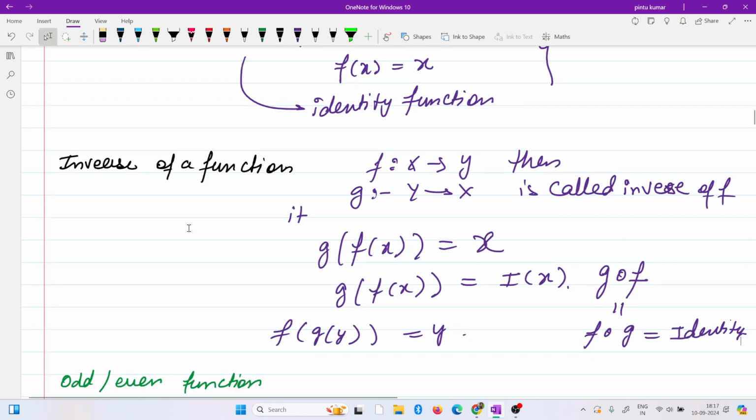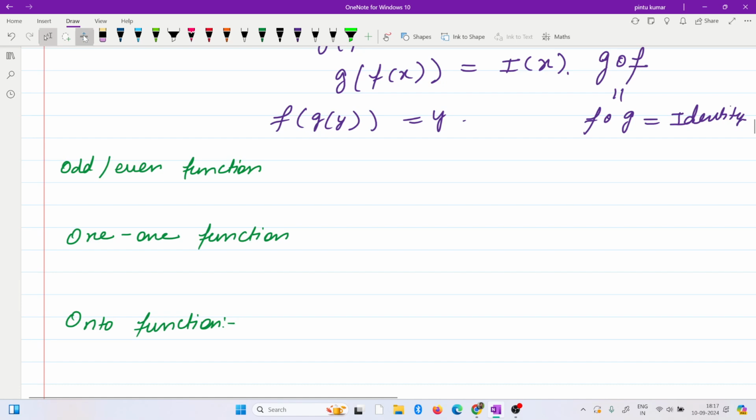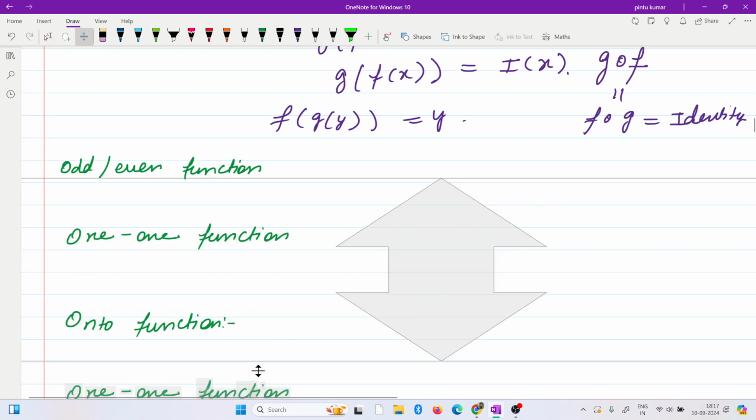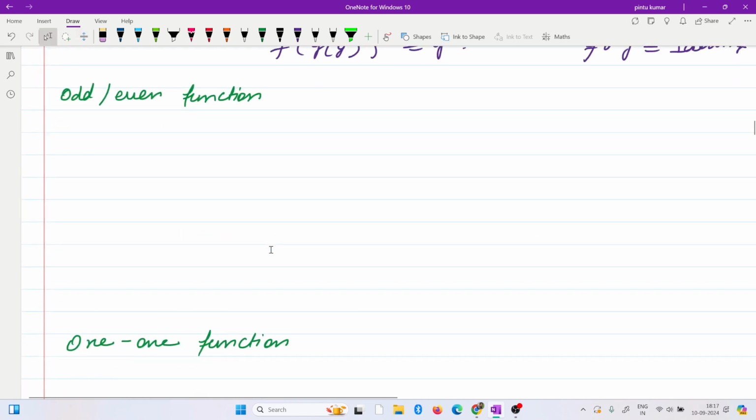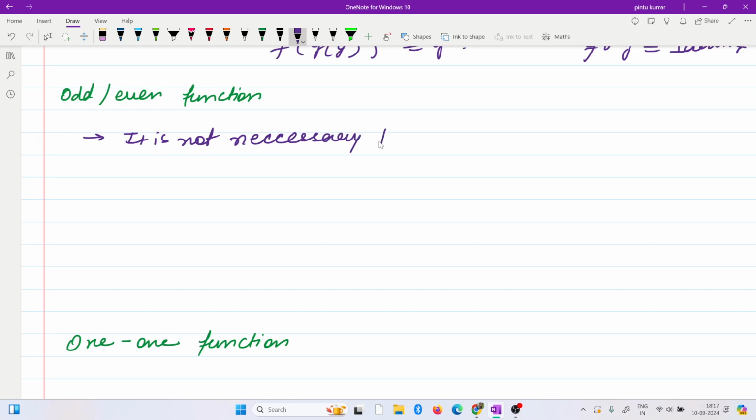Okay. Another very elementary definition is odd and even function. First thing, it is not necessary that any arbitrary function belongs to one of these two categories.